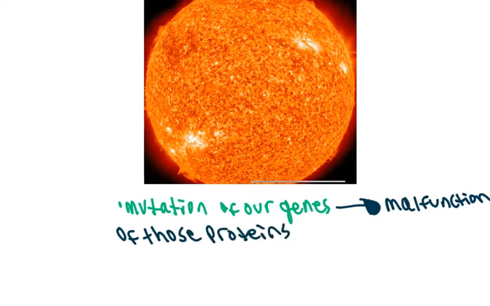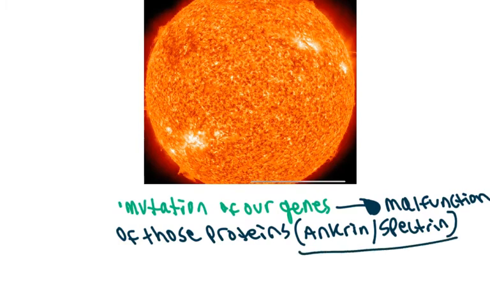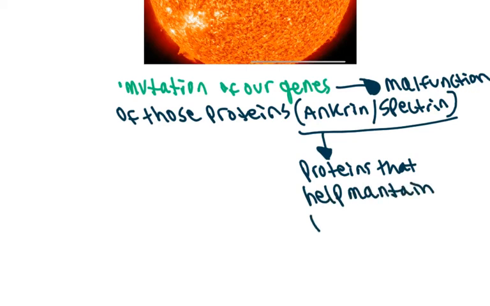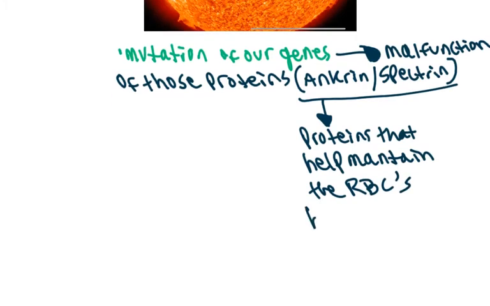Some examples of those proteins are ankyrin and spectrin. There are other proteins also, but these are the main proteins that help maintain the red blood cell's biconcave shape.